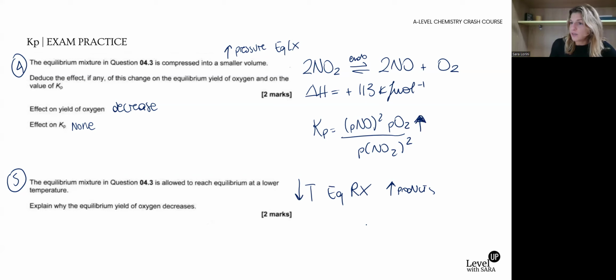Yeah, so it means that, sorry, I read the question wrong. Look, I make the same mistakes. Anyway, just a bracket. This is about the Kp. The Kp value would increase. But the question is asking why the equilibrium yield of oxygen decreases. Okay?